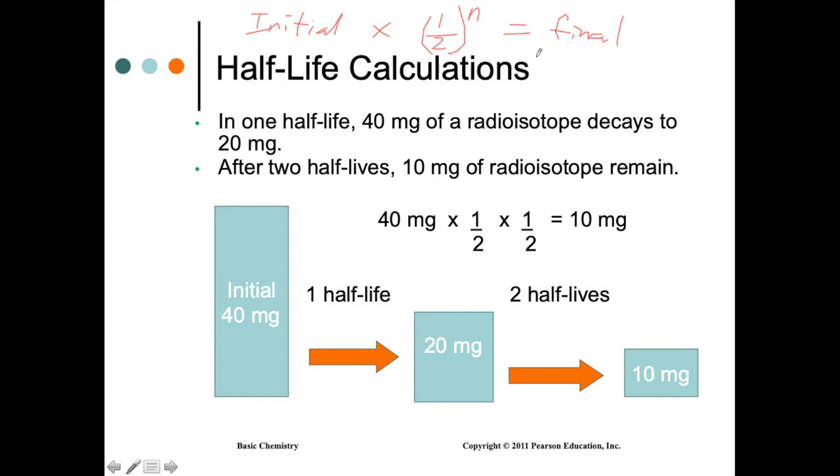So being able to plug exponents into your calculator is probably a little bit easier. If you need any help with this, or knowing how to do exponents on your calculator, just let me know. But that's one way to take your initial amount and figure out your final amount of material once you know your number of half-lives.